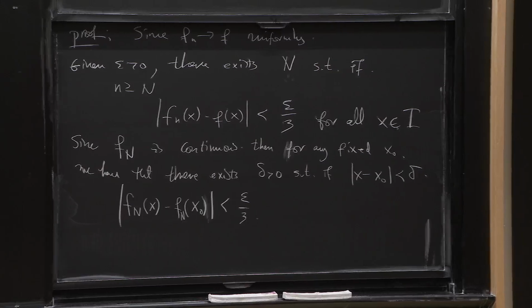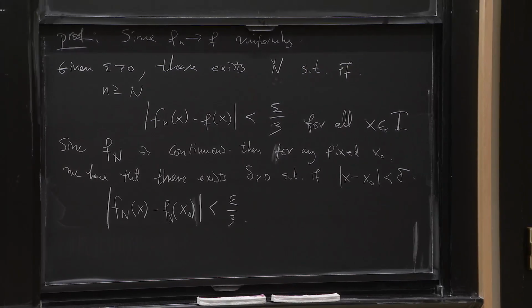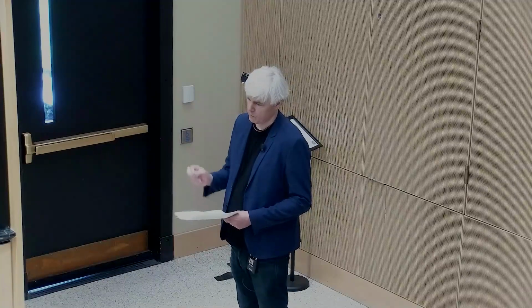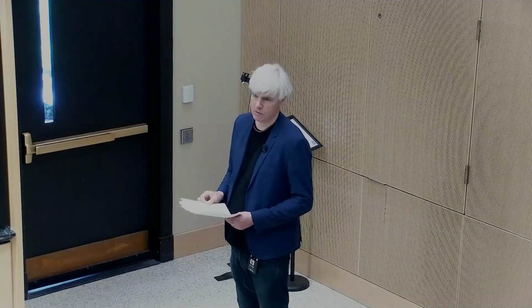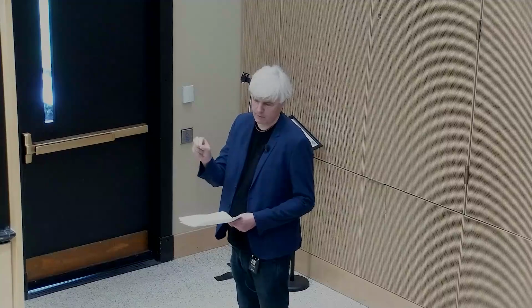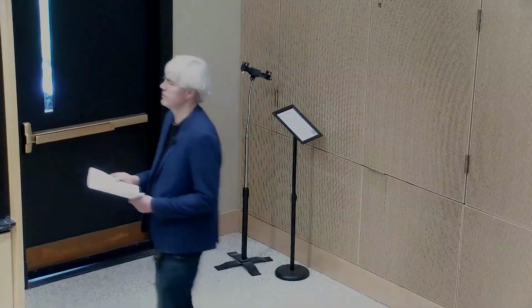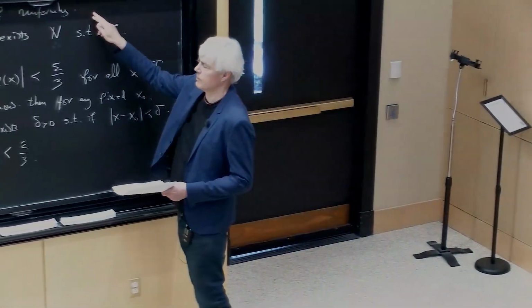Right. So again, we have a sequence f_n that converges uniformly to some f. We want to prove that this f is continuous. So we just need to prove that for each fixed x0, it's continuous at x0. First, I'm using that the sequence is converging uniformly.